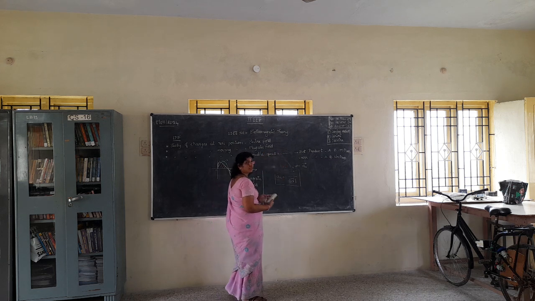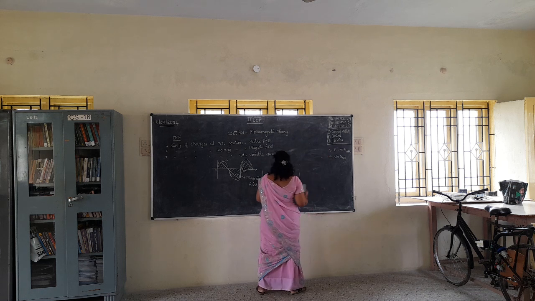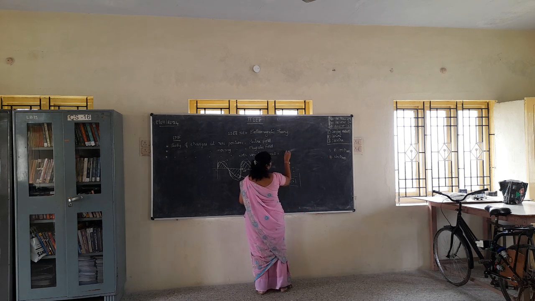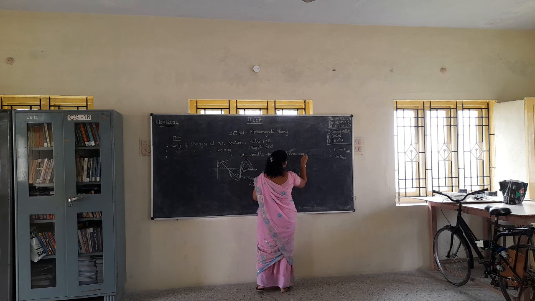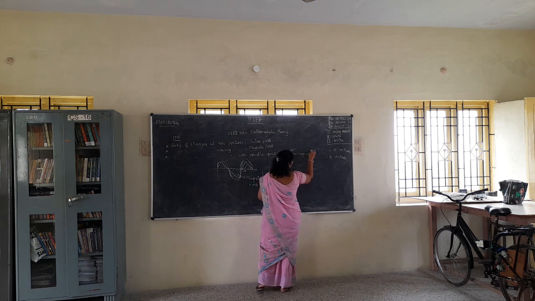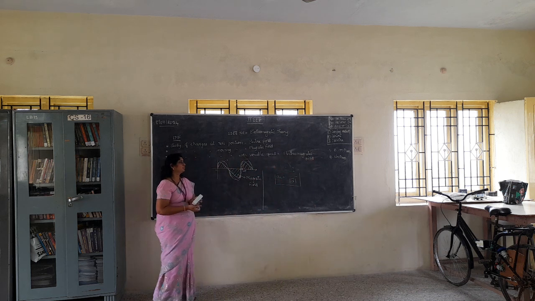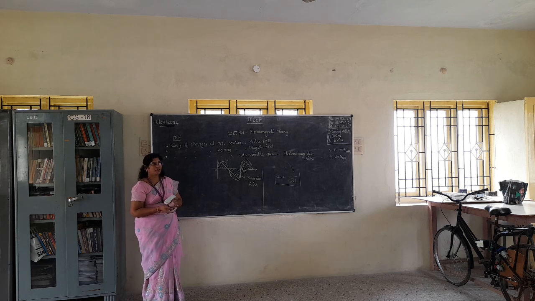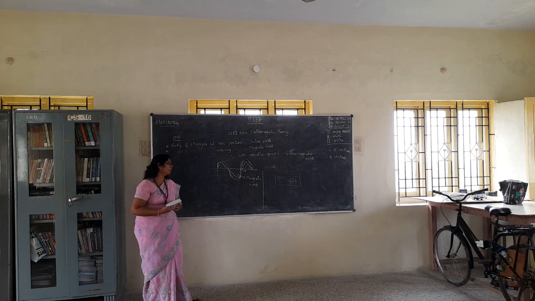We call it as electromagnetic field. That means we are combining electric field and magnetic field for producing an electromagnetic field.